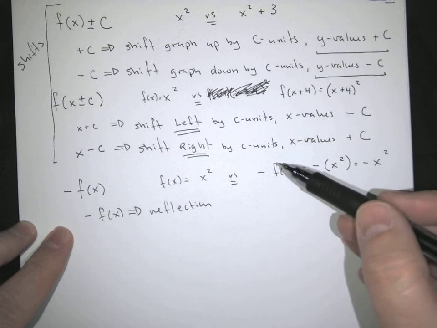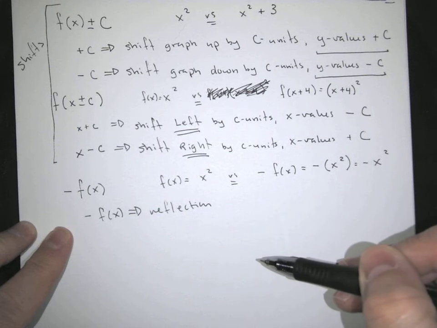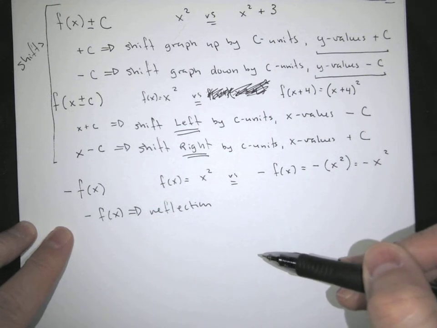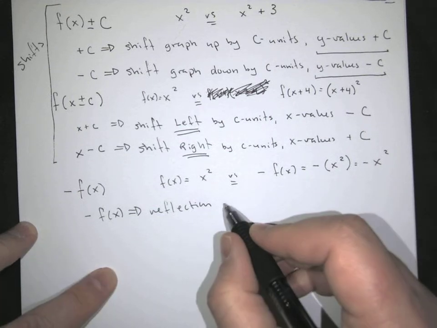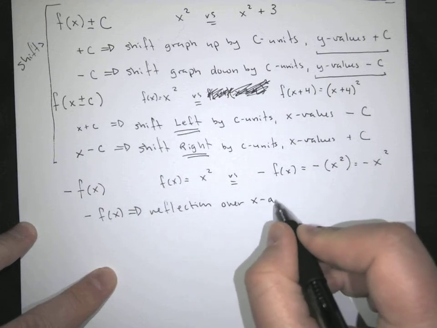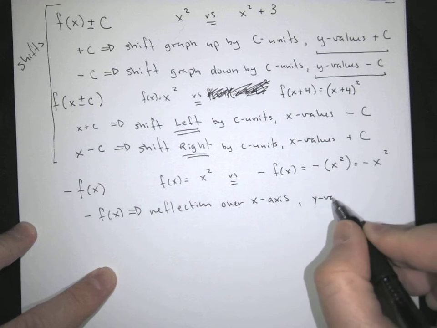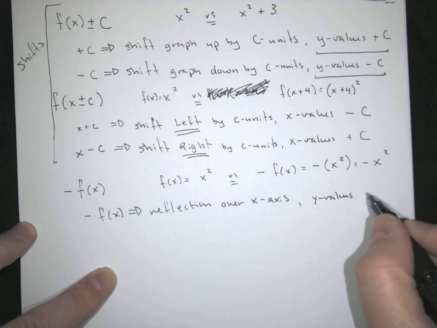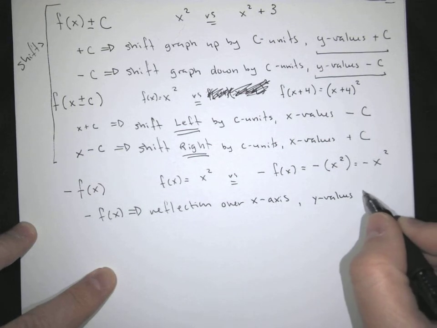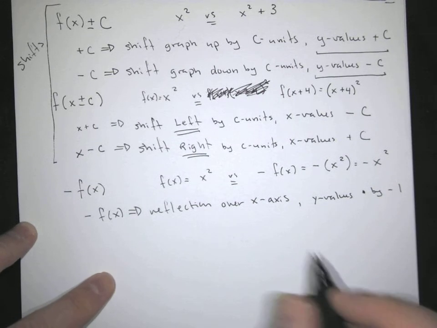This is a reflection that's flipping us: positive output, positive y values, become negative y values. We're flipping over the horizontal axis, so we're going to do a reflection over the x axis. What happens here is our y values get multiplied by -1.